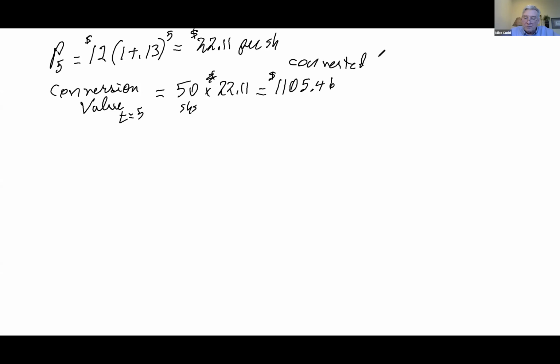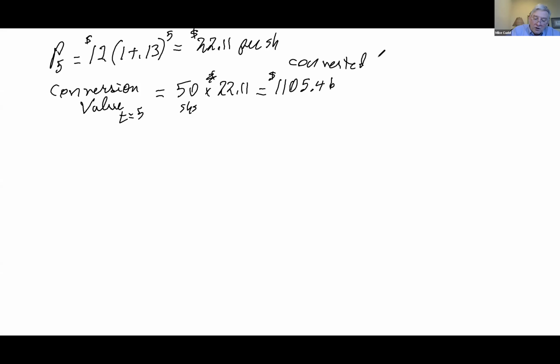Would you convert? Yes. In fact, that's what's called forced conversion. The whole idea that the convertible bond decision is up to the bondholder is an illusion. Companies make them callable to force the bondholders to convert.